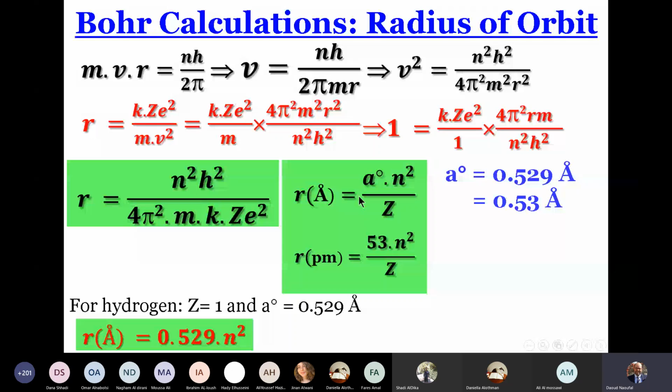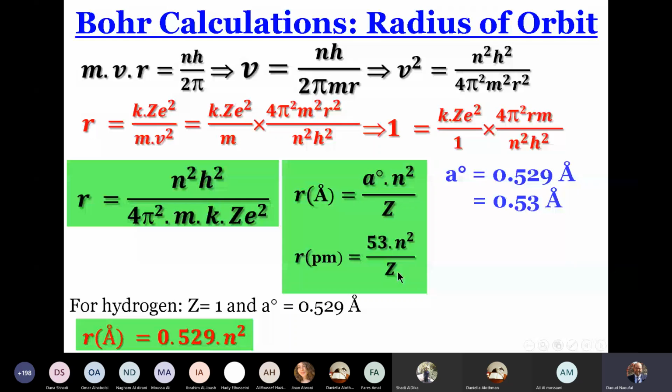Or in picometers, since A0 equals 0.529 angstrom, that equals 53 picometer. The radius of the orbit in picometer is equal to 53 n square, n is the number of the orbit, divided by Z, the atomic number of the element.